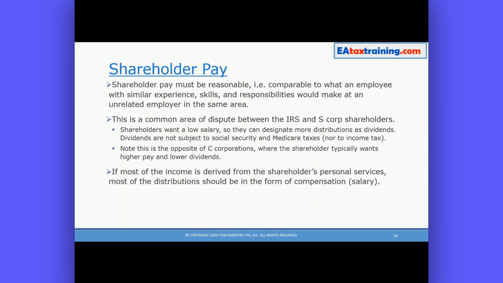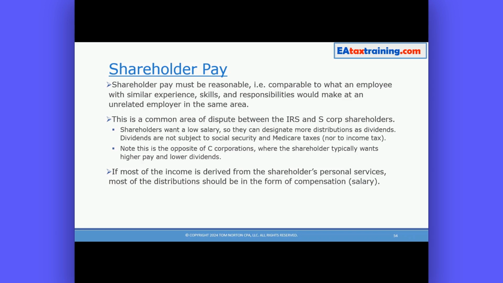As long as you are distributing out S corp earnings, those distributions are not taxable to the shareholder. But if it is salary, that is subject to the 15.3% Social Security and Medicare tax. So in an S corp, the shareholder employee wants a low salary and high dividends.